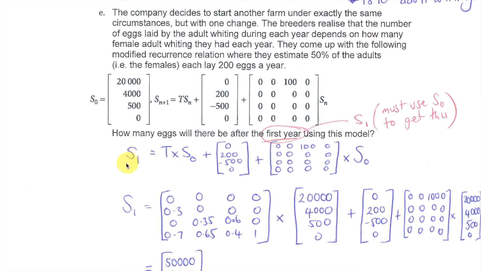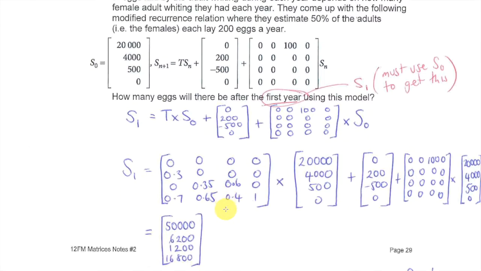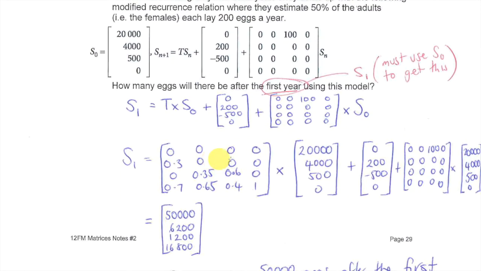So we're after S1, so it's going to be the transition matrix multiplied by the status immediately before the one that we're after. In our case, we're after S1, so it's S0, plus that culling restocking matrix, plus this particular 4x4 matrix multiplied by S0, the status before S1. There's my transition matrix. Here's S0.